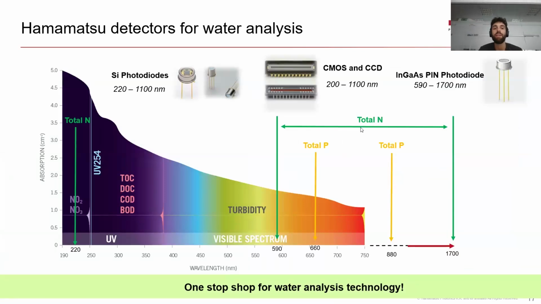When we look at other possible detectors for water analysis applications, we already mentioned silicon photodiodes that have a good responsivity in the UV range that can be used, for example, to measure NO2, NO3, but also total nitrogen, for example.